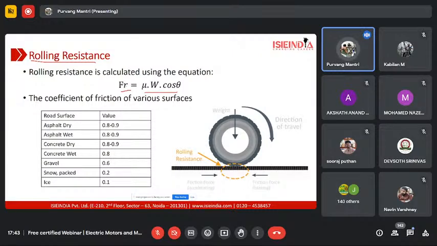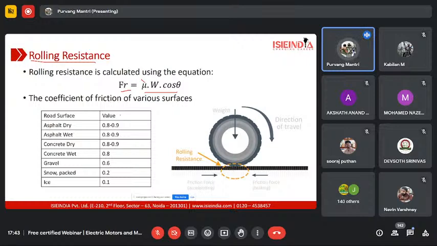Fr is rolling resistance, mu is the coefficient of friction, W is the weight of the vehicle, and theta is the angle of the slope or gradient of the road surface the vehicle is driven on. The value of mu changes based on what kind of surface the vehicle is driven on.